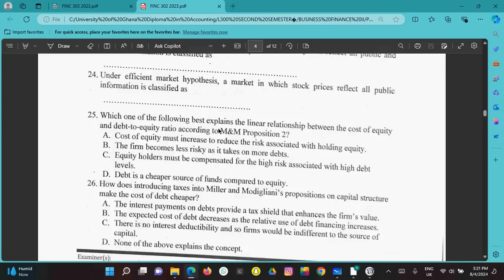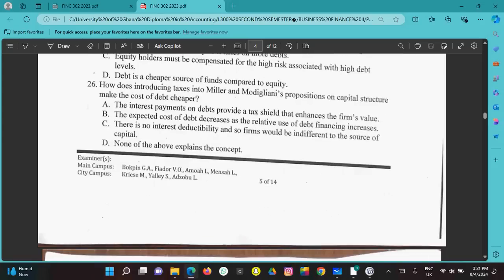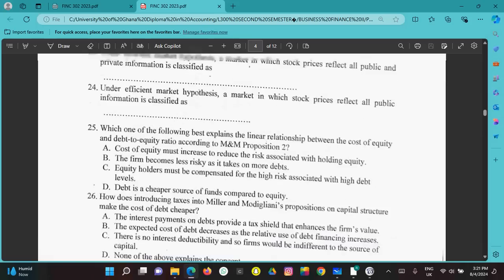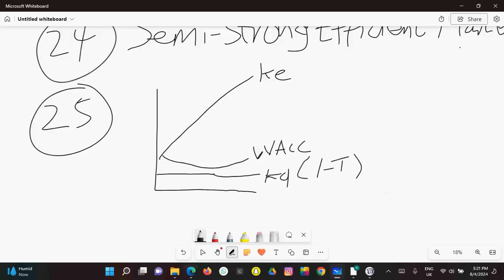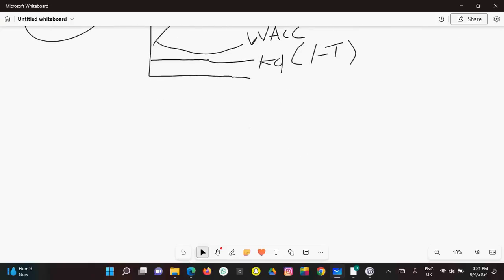So the answer here is C. 25 is C. I don't want to explain this again.